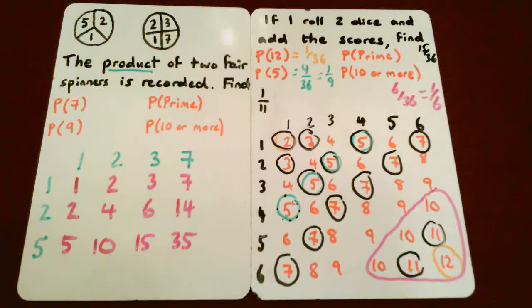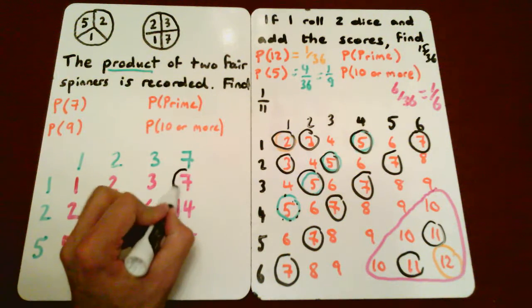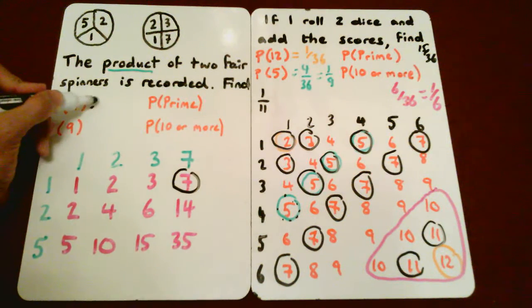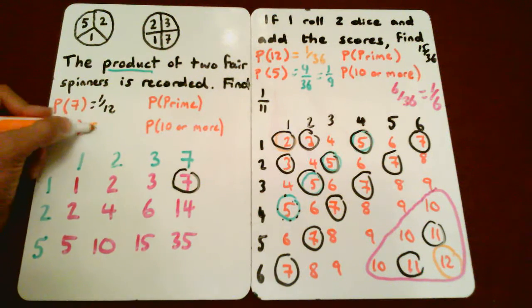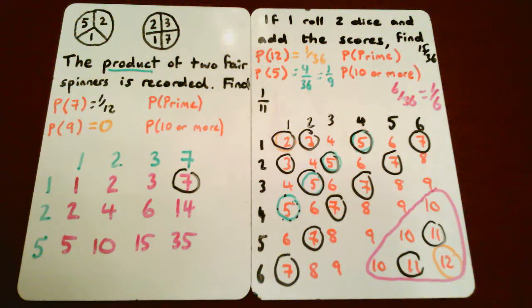The first one says find the probability of getting a 7. Well, the only scenario where you get a 7 is over here, which is 1 out of 12. The next one is the probability of getting a 9. Well, you'll see 9 is impossible. When a probability is impossible, we get 0. It's impossible to get a 9 from this situation.